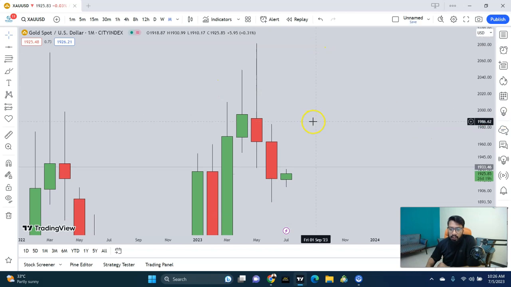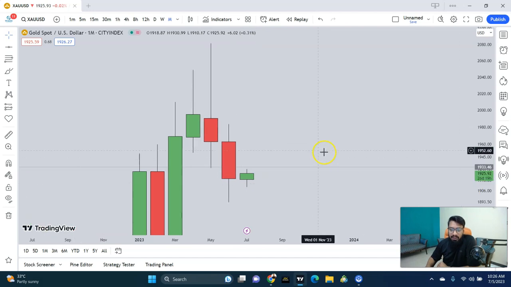If monthly needs to go bullish, it has to take the high of the last month, and from this chart you can see that the high of gold's last month is 1983, so it's quite on the upper side, and the low is almost 1893.